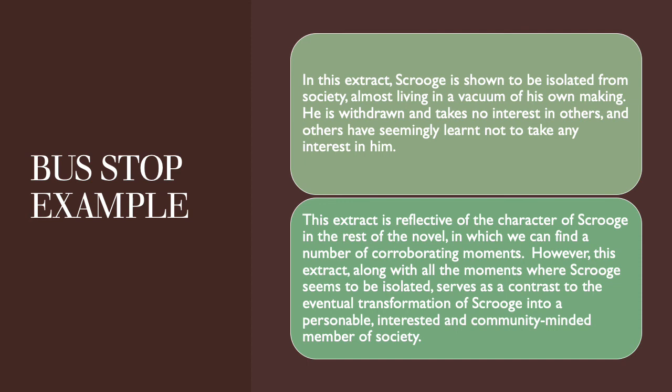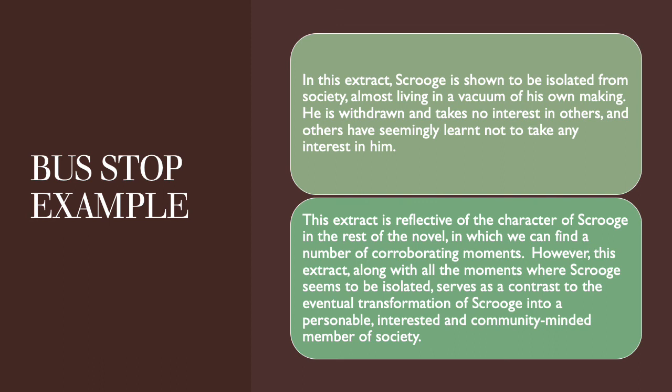So it's important that I lay that out in my bus stop answer, in my introduction, because then the examiner knows I'm about to tell them, first of all, how the extract shows he's living in a vacuum, how the extract shows he's withdrawn, and how the extract shows that he's isolated.